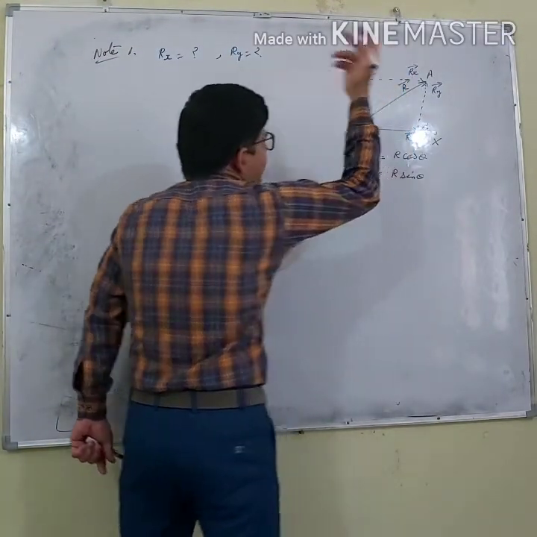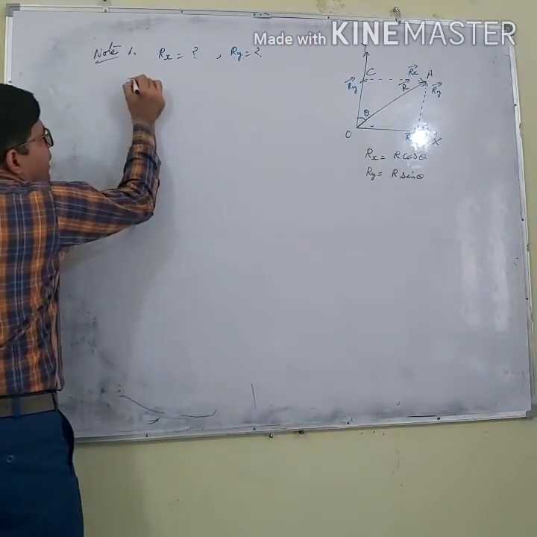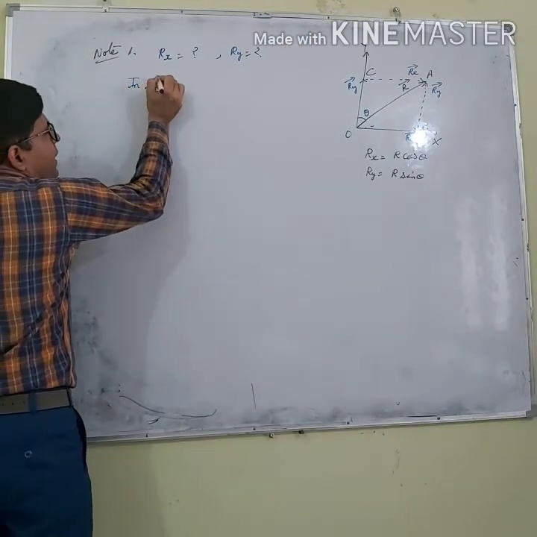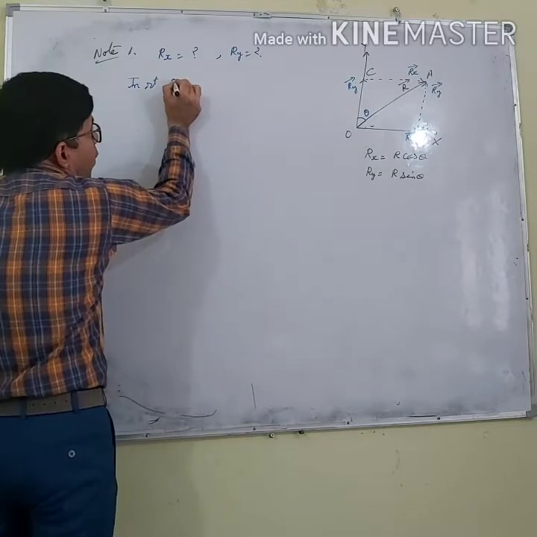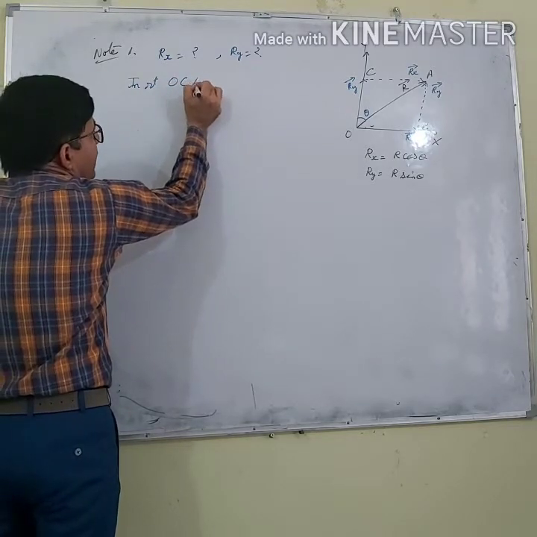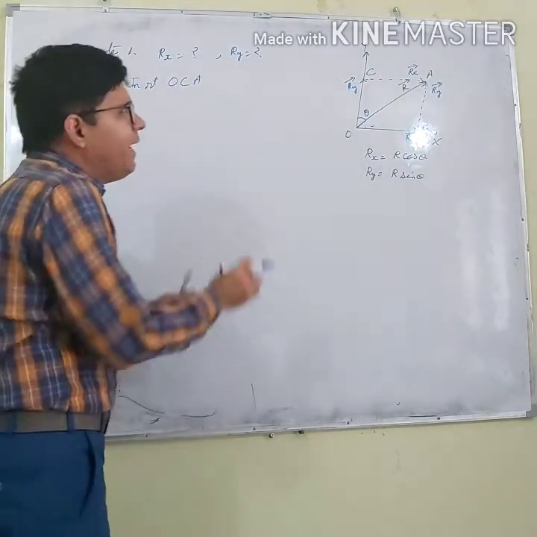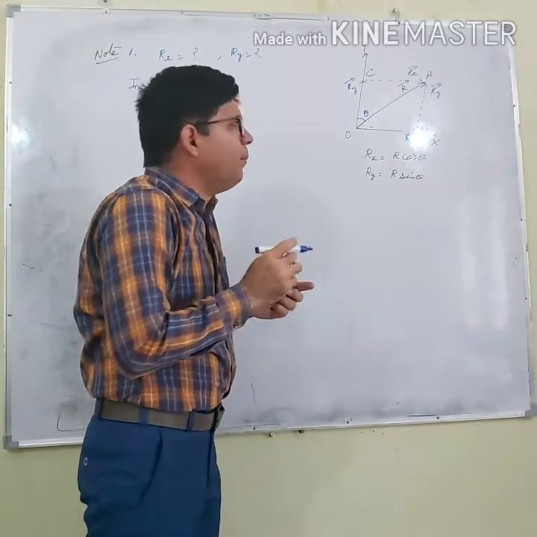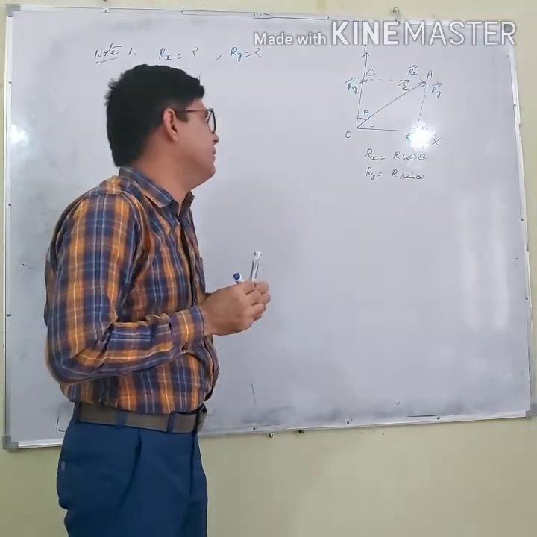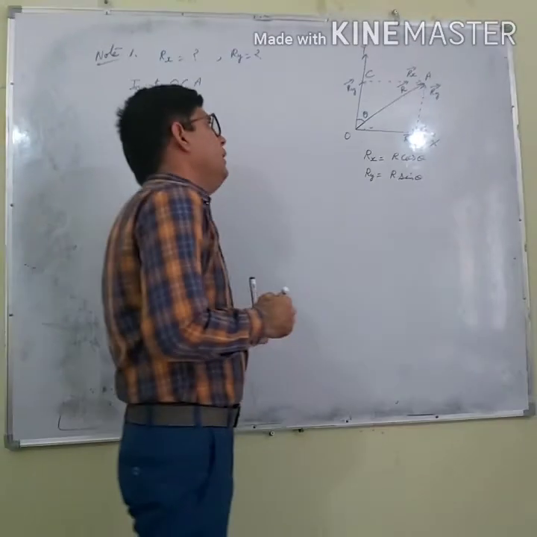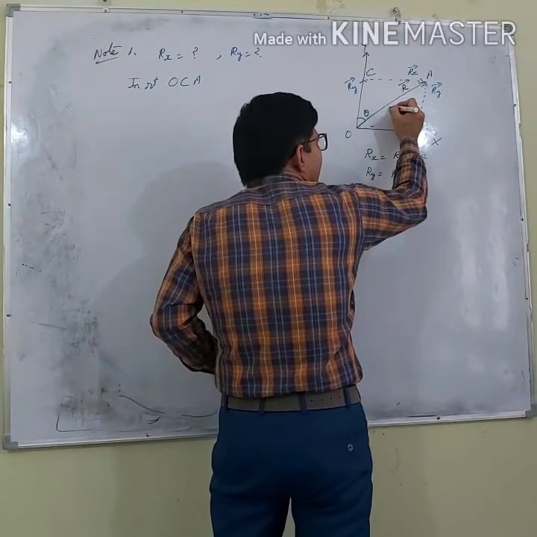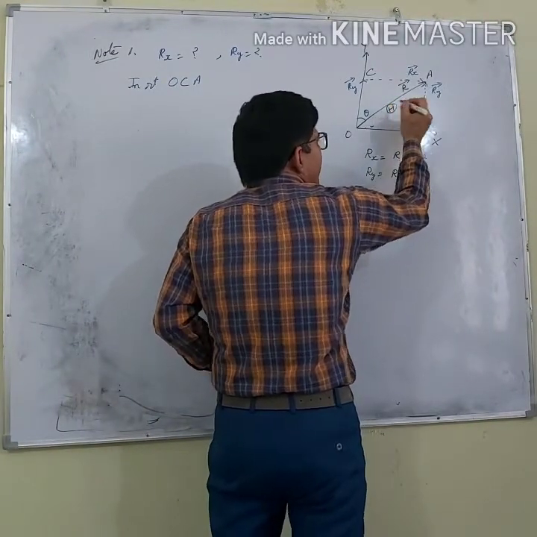Let me take this point C. In right triangle OCE, can you tell me what is the base and what is perpendicular? Listen. The longest side is hypotenuse, all of us know.